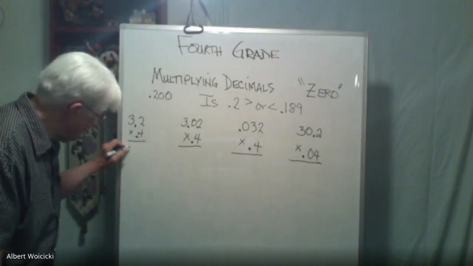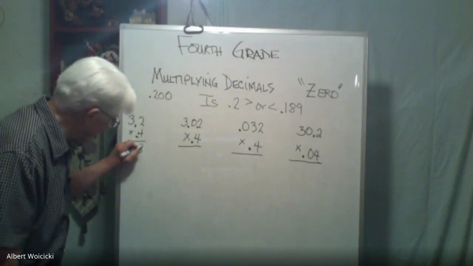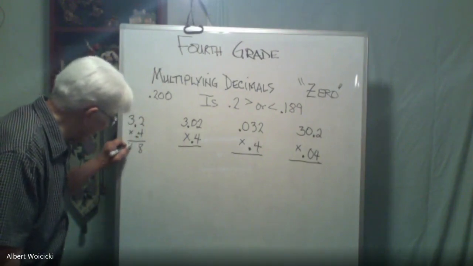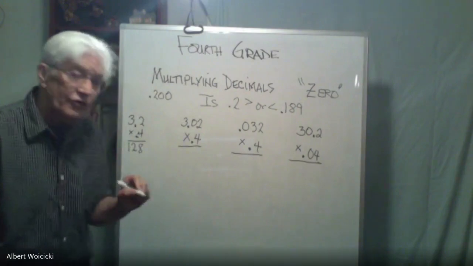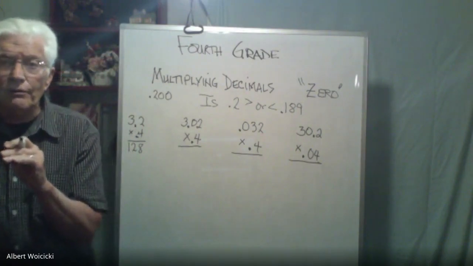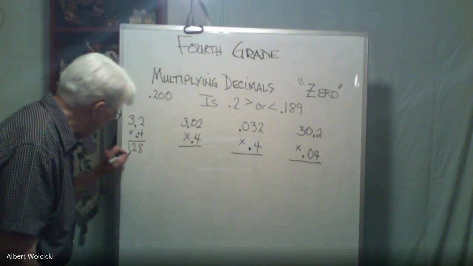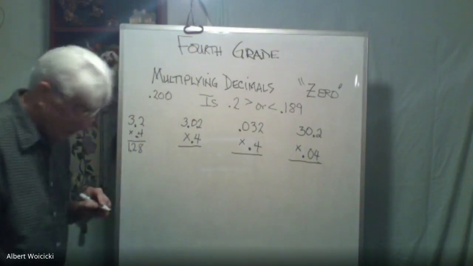We put down our 8. 4 times 3 is 12. You'll probably say to your students, I have 2 numbers behind the decimal. So from my right, I'll count back 1, 2, and I put my decimal here.